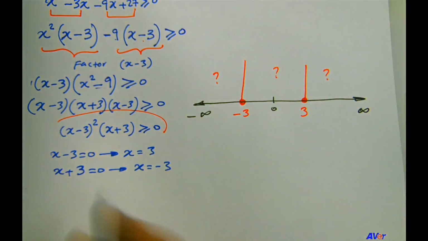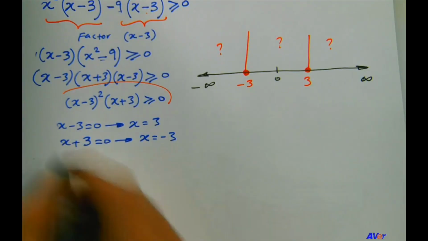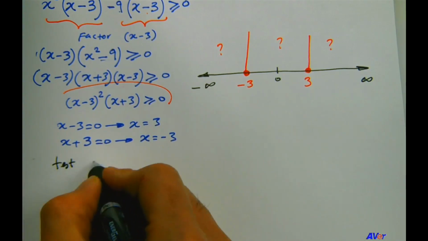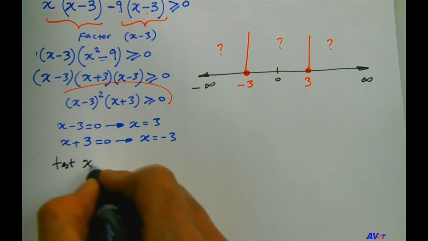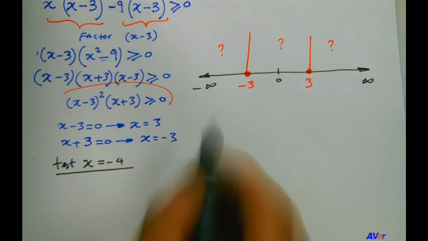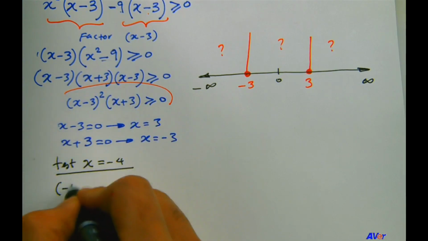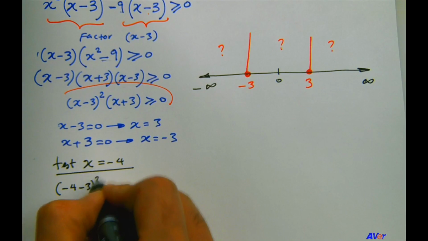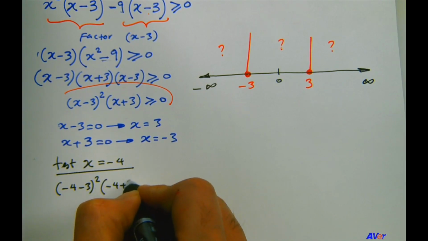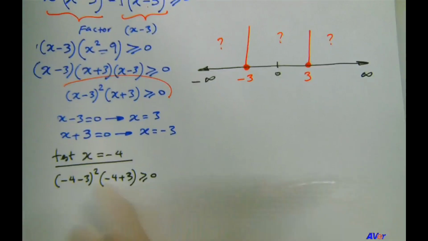Okay, so let's test some number in this region. Test x equals negative 4 in this inequality. So we have negative 4 minus 3 squared, times negative 4 plus 3. So let's do the algebra on this.